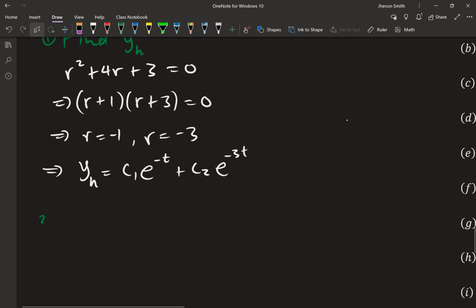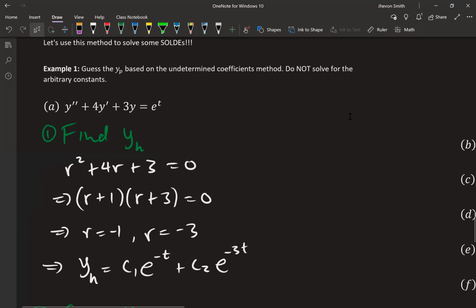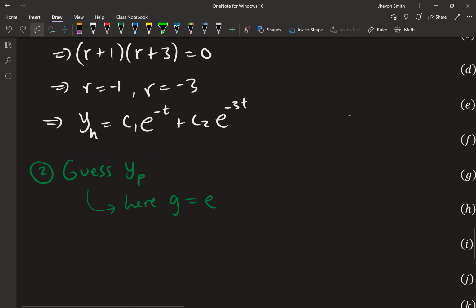So now, step 2, guess yp. So now here, my g equals e to the t. It's just an exponential. In fact, it's a 0-degree polynomial times an exponential.